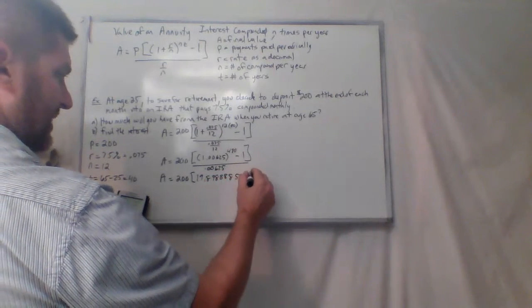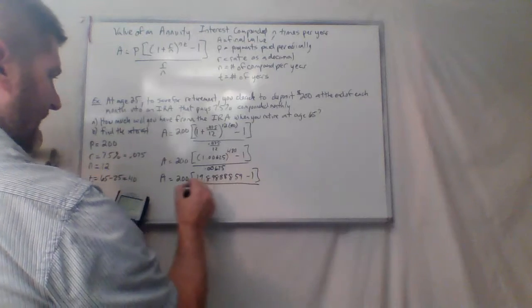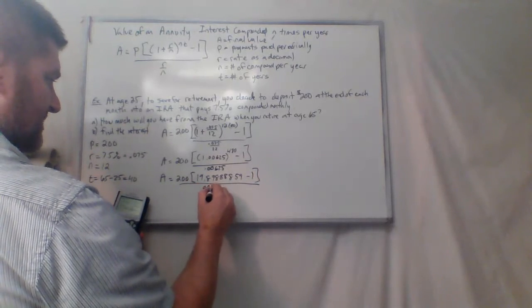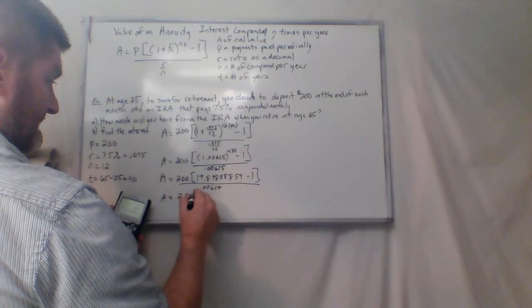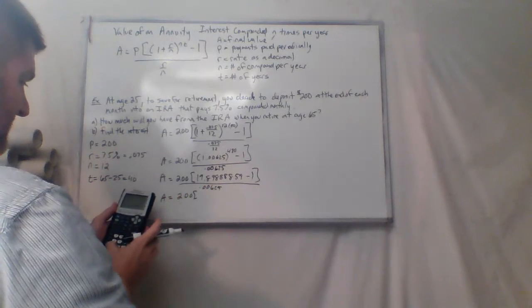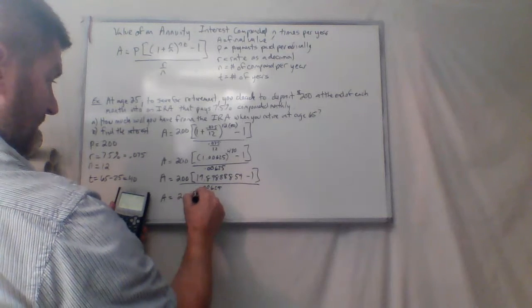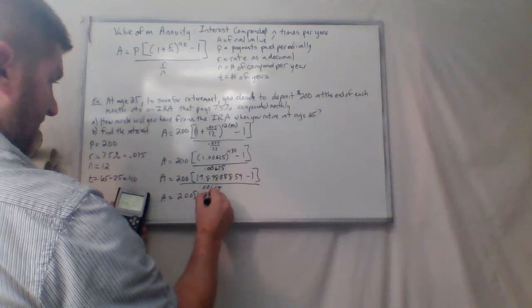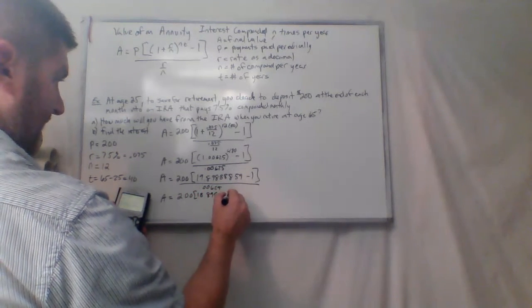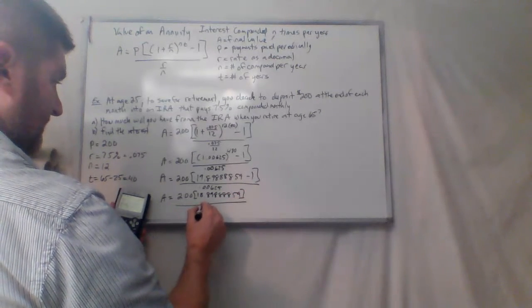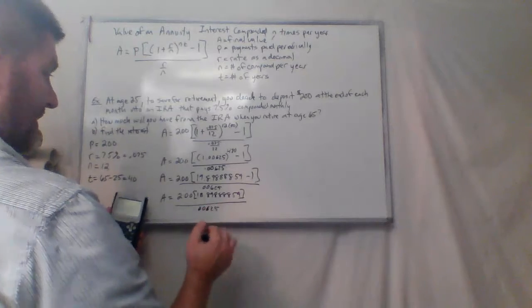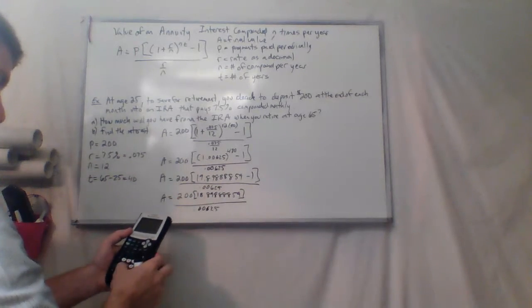19.898888859 minus 1 divided by 0.00625. So this is 200, and now when I subtract 1 from this, it's just going to be 18.898888859 over 0.00625. So what's 200 times that?